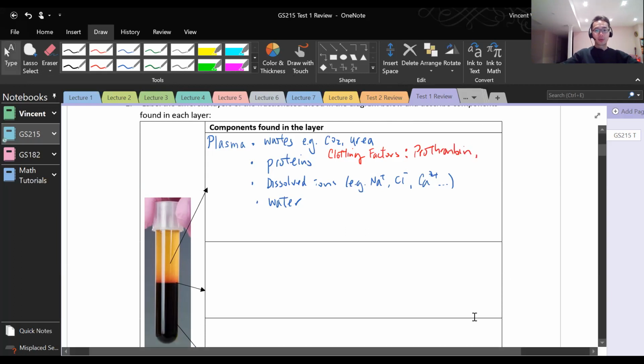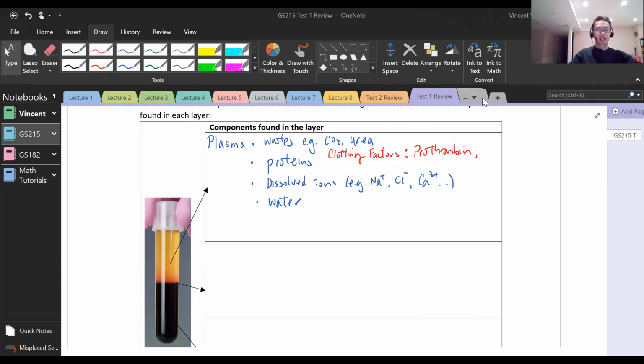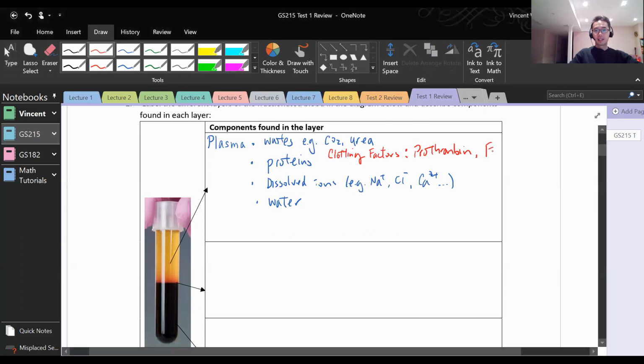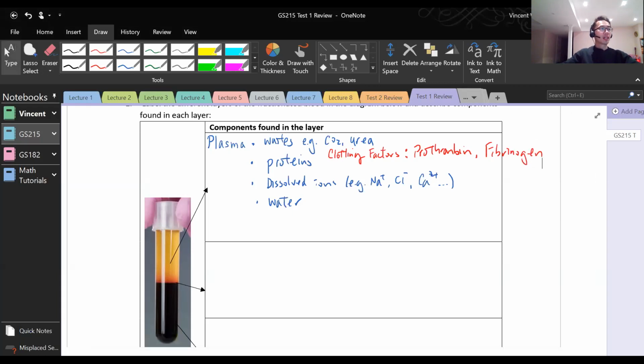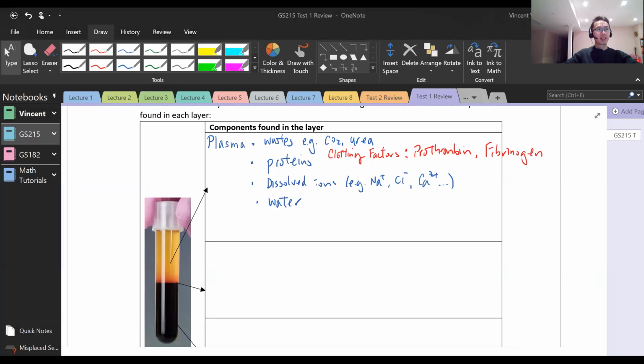And what is the other one? Fibrinogen. Yeah, that's correct. Fibrinogen, thank you. Okay, so these are necessary for the coagulation to take place. Okay, if you have a wound.